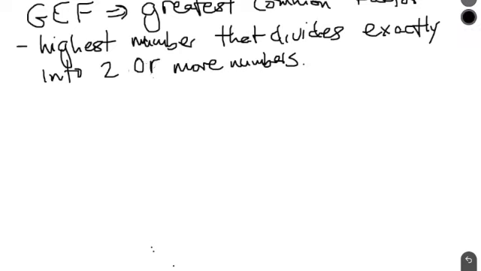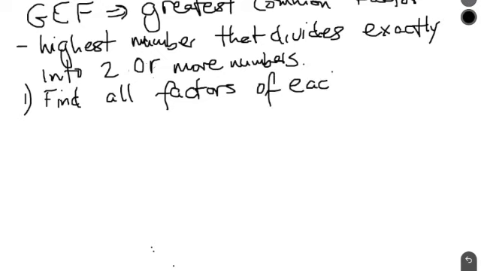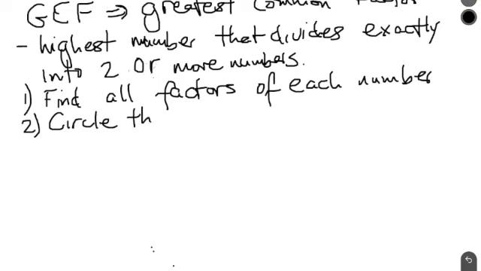So we typically would find the greatest common factor by using three steps. The first step is we want to find all the factors of each number. That's the first step. Once we find all the factors of each number, then the next thing we want to do is circle the common factors.